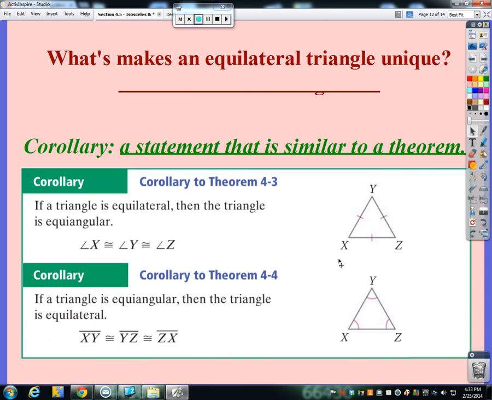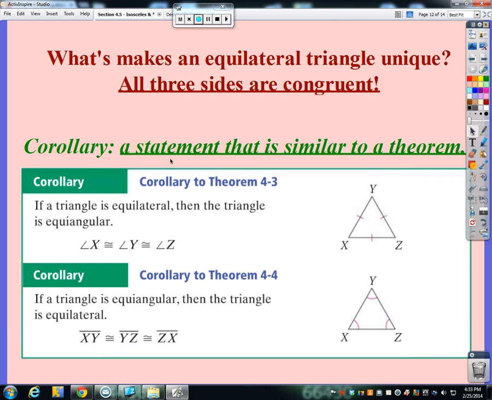Equilateral triangles now. Everything that we just did with isosceles essentially works in its own special way with equilateral triangles. So equilateral triangles, all three sides are congruent. Okay? So isosceles, two of them are congruent, and in an equilateral, all three are congruent. And so now we start talking about these things called corollaries.